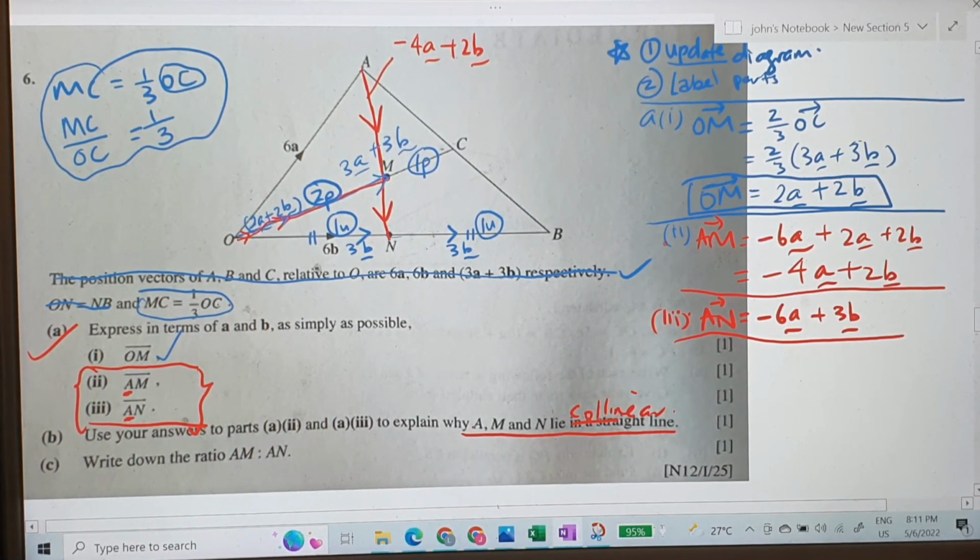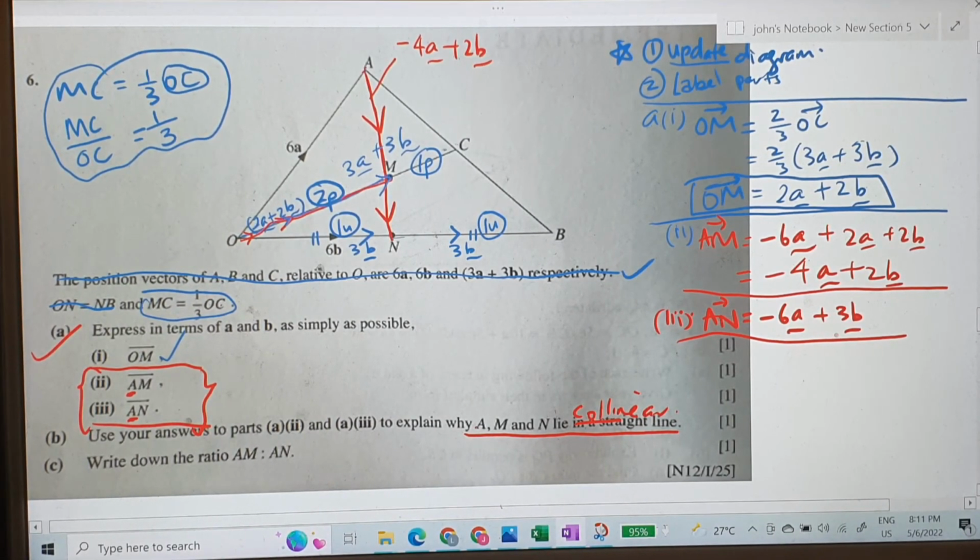So you have AM and you have AN, right? You start with any one of them. AM, you write exactly what you see here, minus 4a plus 2b. Am I correct? Correct. Now I want you to write the next line.